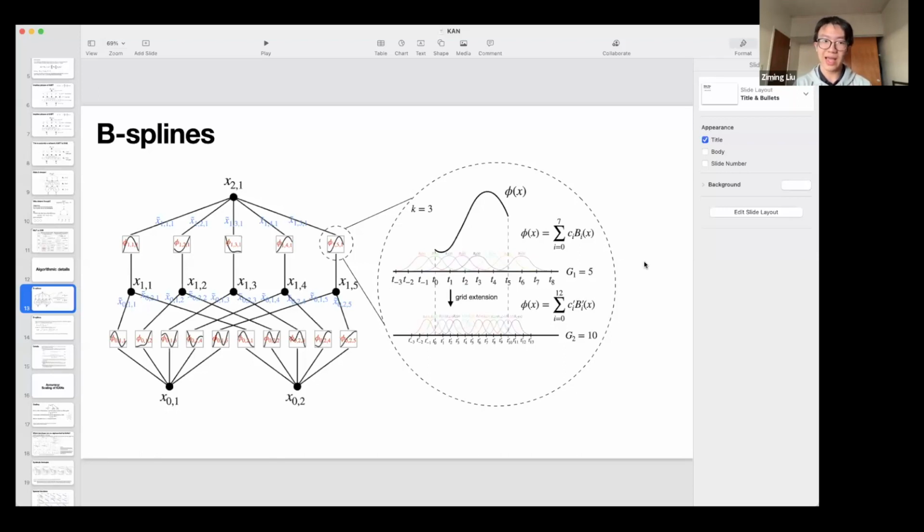I'm not saying that KANs excel over MLPs in all aspects, but I want to highlight that KANs make interpretability, and in some cases reaching high precision, super easy. I'm not saying that you cannot do that in principle with an MLP with a lot of effort, but KANs make it easy.